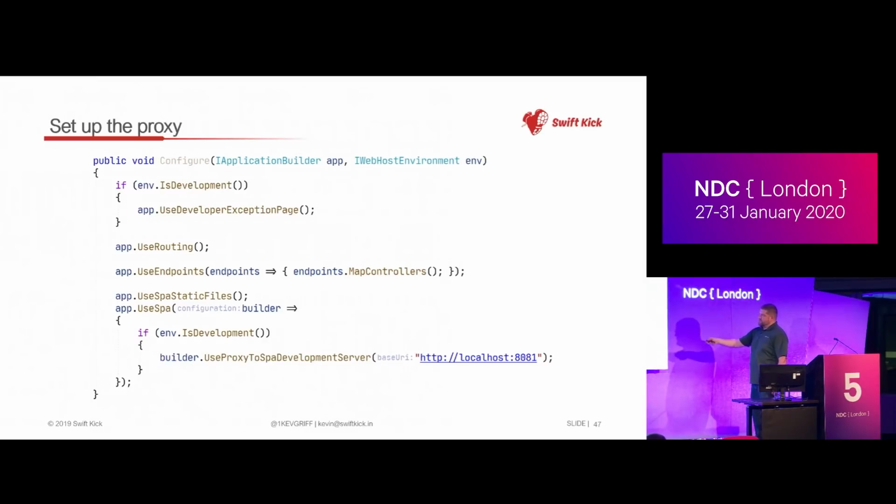The downside of this process, your development server will never return a 404. So if you have a request come in for an API that you're expecting ASP.NET to handle, and maybe you mistype it, you spell a controller name wrong or something, Web API, MVC, ASP.NET Core is not going to handle that, not going to return a 404 like you would expect it to, because it's going to send that off to the SPA and let the SPA handle it.